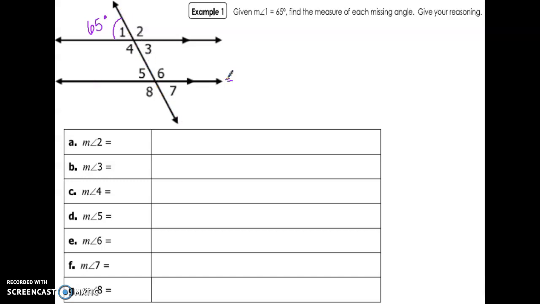So if we picked up this parallel line and laid it on top of this one, which angle would be overlapping angle 1? In this case, right here, angle 5. I know that's congruent. I know angle 5 is also 65 degrees. So we can go down here to D, the measure of angle 5, that is 65 degrees. And the reason is because it's corresponding to angle 1.